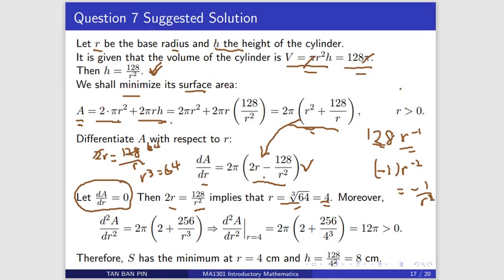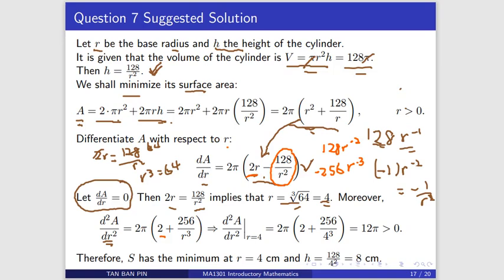And then you test for maximum or minimum. So you find d²A/dr². You just differentiate 2r, you get 2. Differentiate 128 over r², which is 128 r to the power minus 2. Differentiating gives minus 2 times 128, which is 256, and r to the power minus 3.